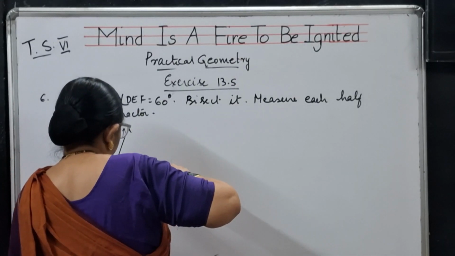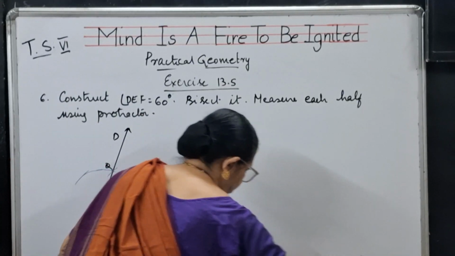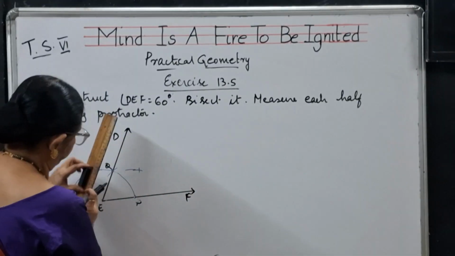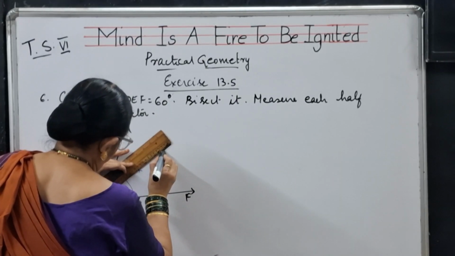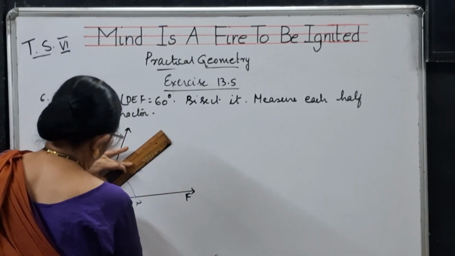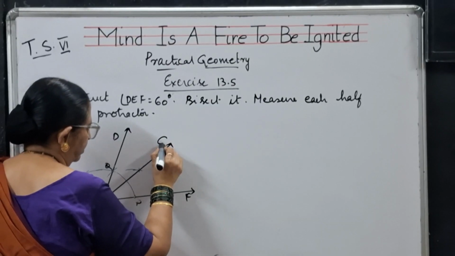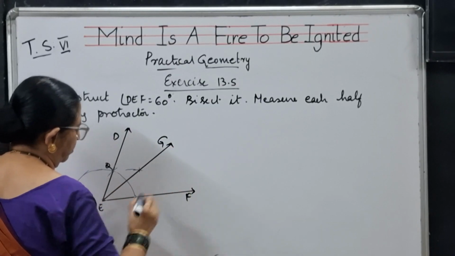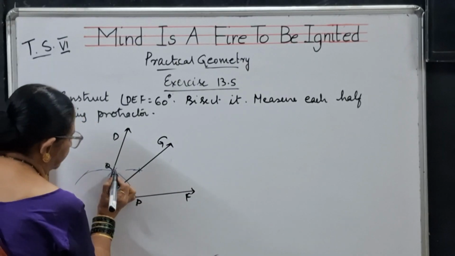So this point, if you join, let me write it as GEF is the bisector.